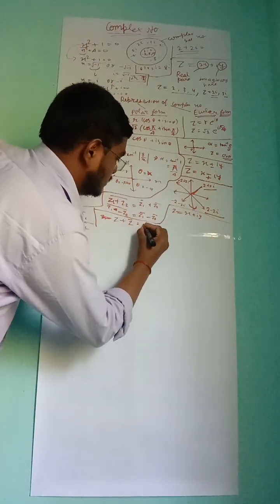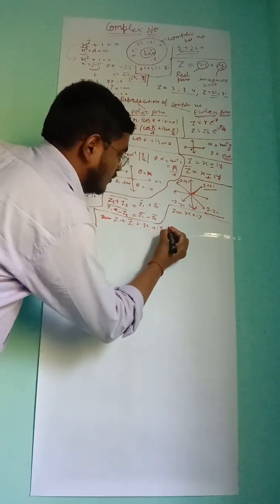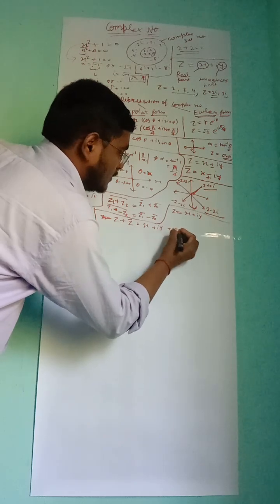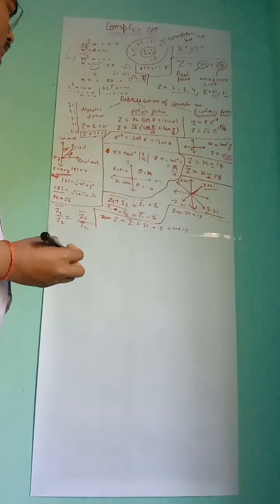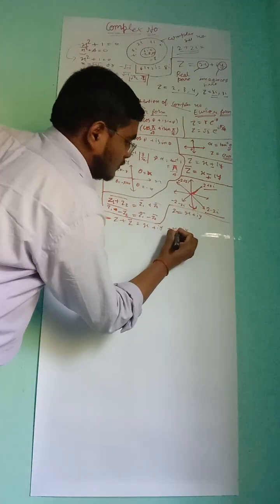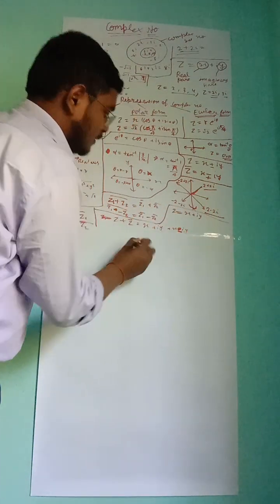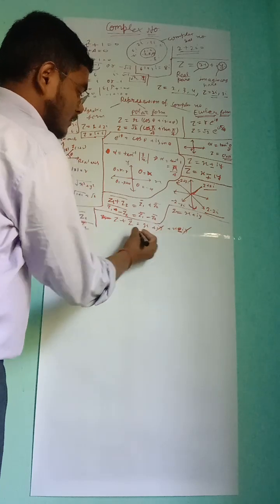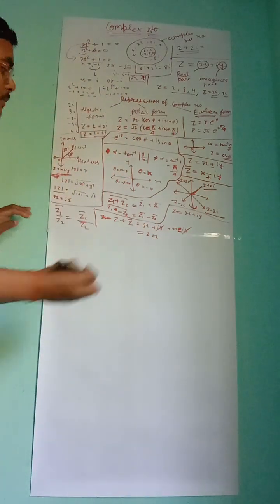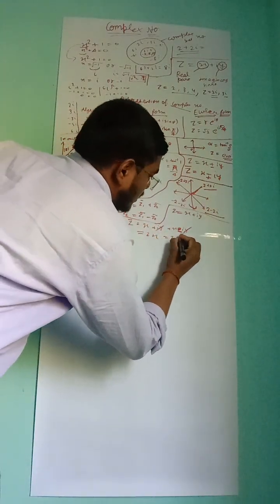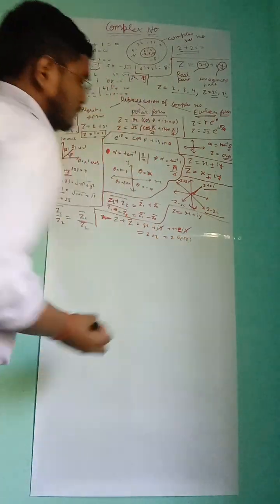So what is x plus iota y plus x minus iota y? This number cancels this number, so we get 2x, which means 2 real z.